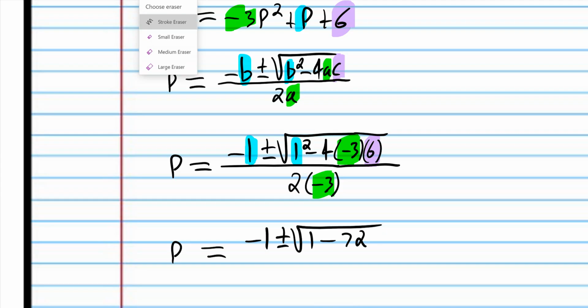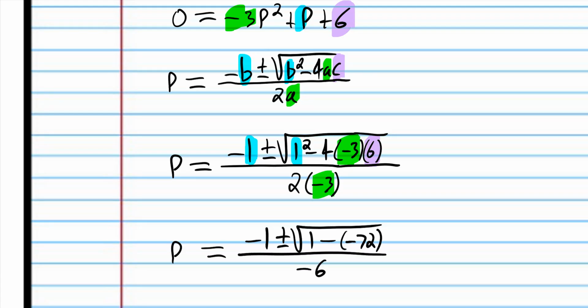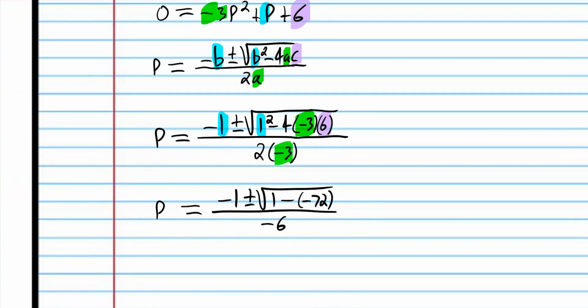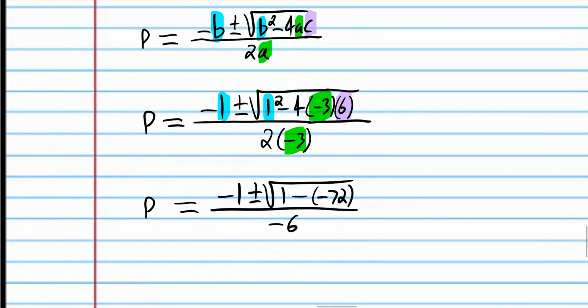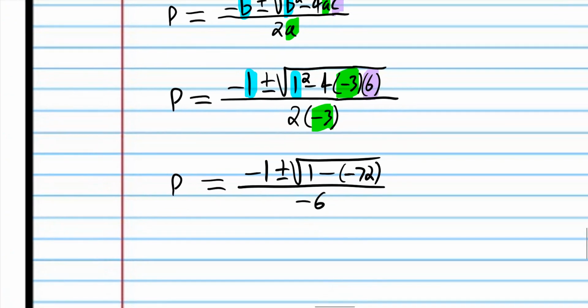You can simplify this in a lot of different ways, in a lot of different steps, but it's going to be a double negative. So we're going to get 73.